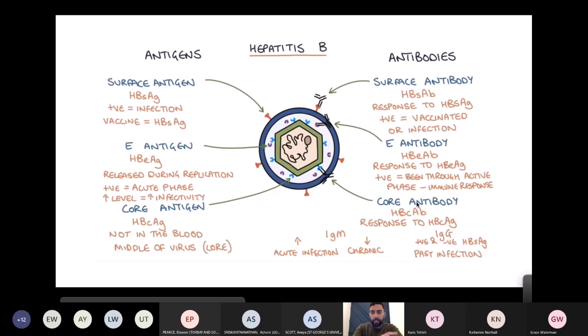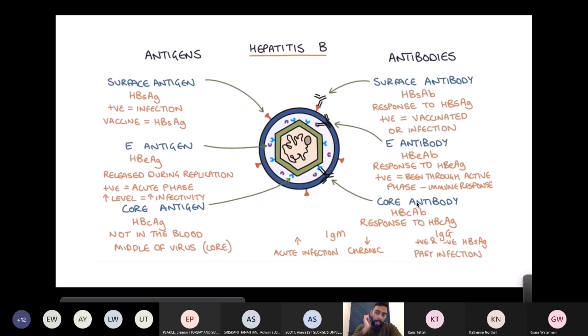Okay. So next thing you look at is possibly the surface antibody. So that can be positive for 2 reasons. Either they've launched a successful immune response against the virus, or the second reason could be they've had a vaccination.